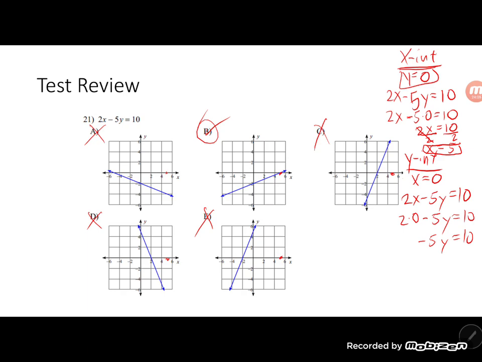And now I want to get rid of the negative 5 that's multiplying y, so I will divide by negative 5 on both sides. And I see that my answer is going to be y equals negative 2. And so I check with my answer, and I see that my y-intercept is indeed y equals negative 2. And so that's good. That tells me that that is definitely the answer.